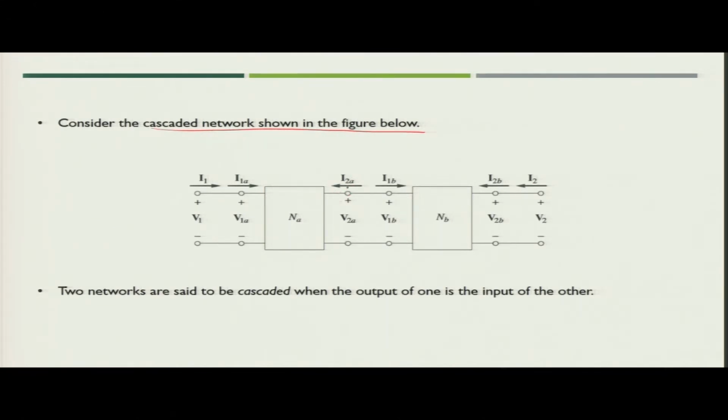Now, the I2A, which is the output of network A, will be given as input, which is I1B, to the network B. So, from this we can say that V2A is nothing but V1B, and I2A is equal to minus of I1B. So, let us first write the network equations for these two port networks.